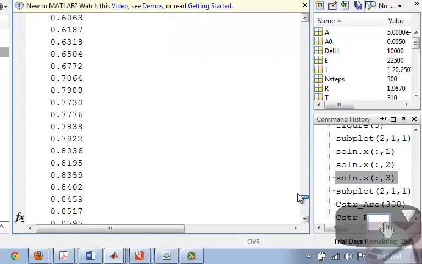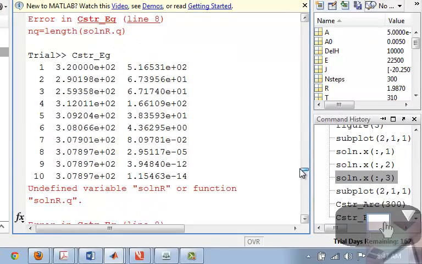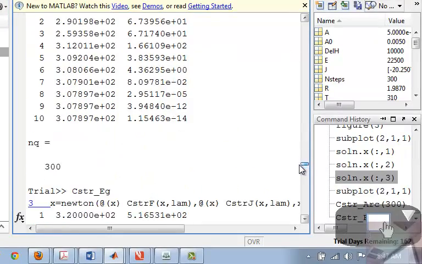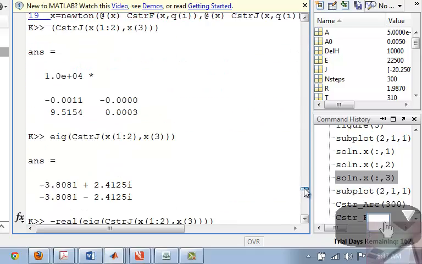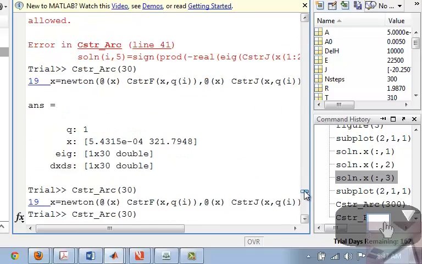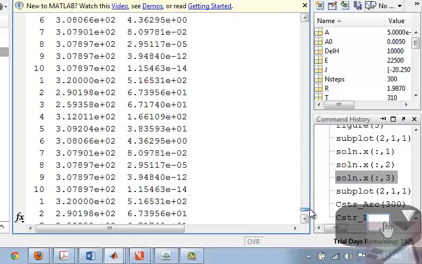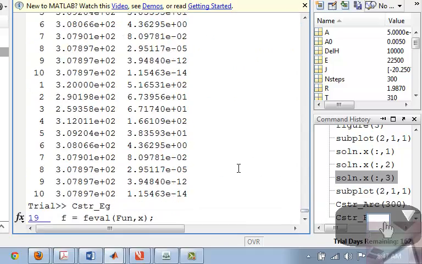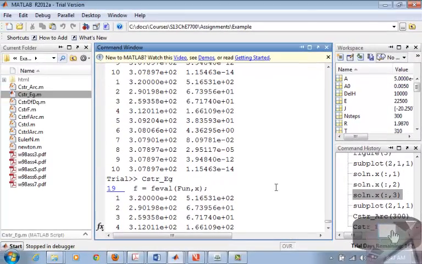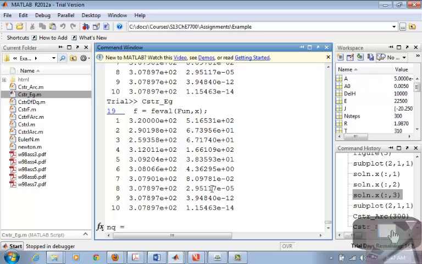I need to go back. These are all my debugging from last night, calculating eigenvalue, etc. What we started this morning is just here, I think. Yeah, somewhere here, and then it goes on to execute all the other part. Any questions on that? That is the simple implementation of the Newton method.